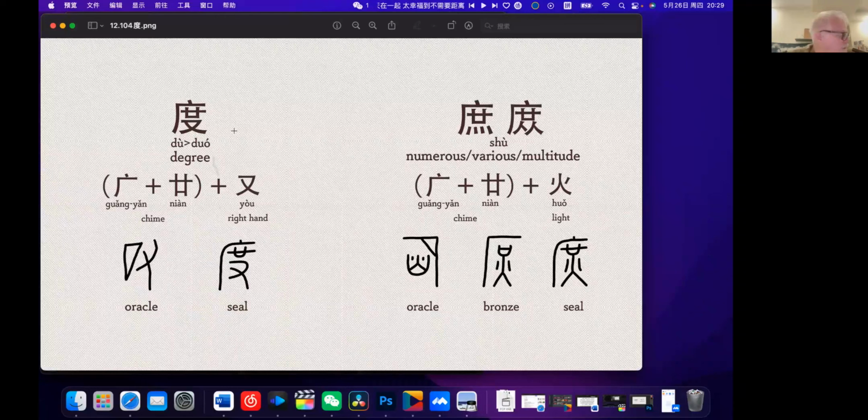In ancient times, one form of cooking was to heat up rocks and put them into the pot of water, and that would make the water boil. That was one way of keeping water hot, keeping the soup hot. You would take the rocks out, put them in the fire again. So there's a form of cooking called zhu, which this is the ancient character for that.